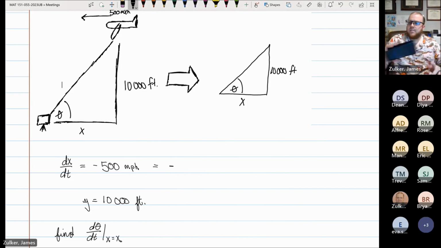Yes. There's 5,280 feet in 1 mile. Right, so we have to multiply the negative 500 by 5280.